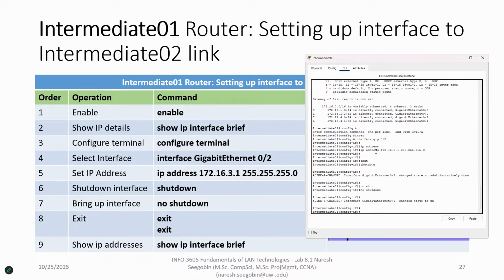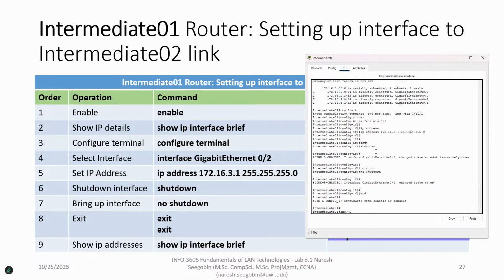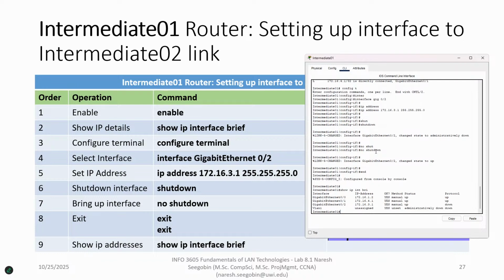All right. Shut down. No shutdown. Right, so notice there's only one up state. It didn't get another up message, which means something. If you do a show IP interface brief, that's the thing: when you're testing and you see only one up state, but you're not seeing the protocol up, depending on what you're doing, you might have to start to worry. But since we didn't finish the other side, remember we didn't touch intermediate 2 yet, we know there's a chance it may not have been configured.